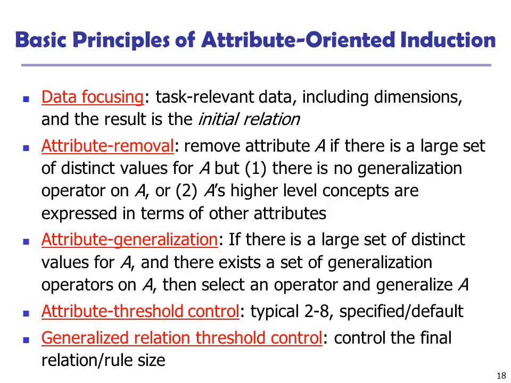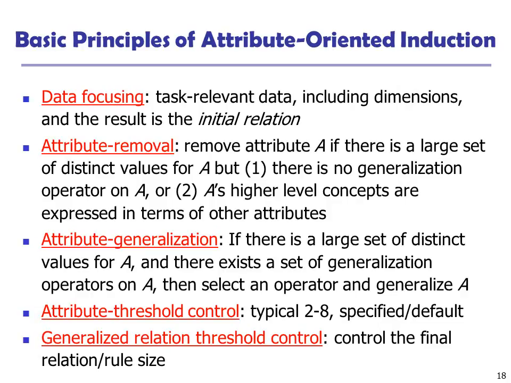Then we do a generalization on the attributes when the attribute can take different values and several rows have similar values. Then you can do attribute generalization. You have to do attribute threshold control.